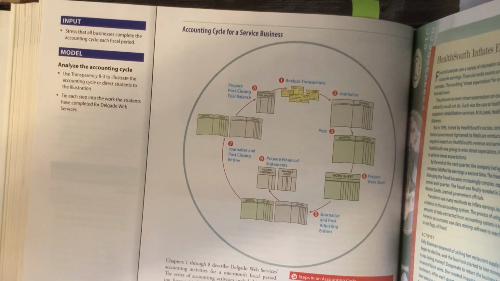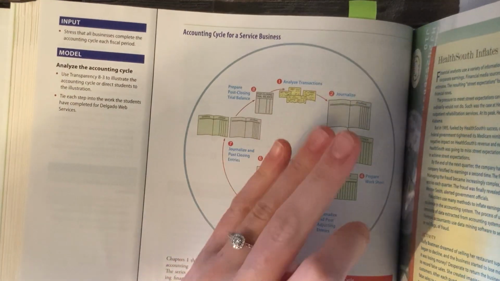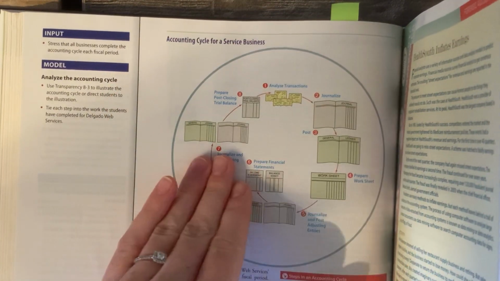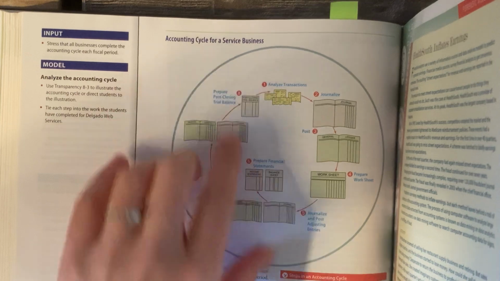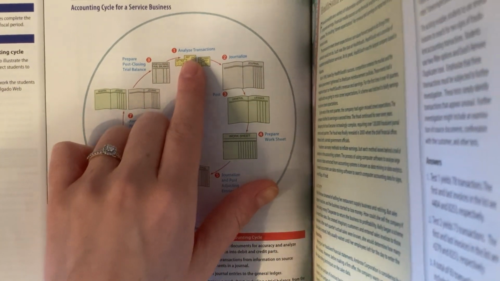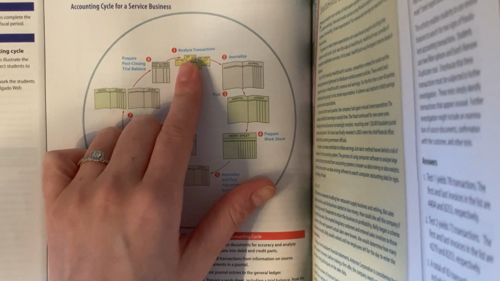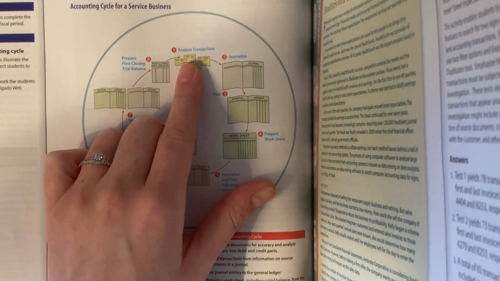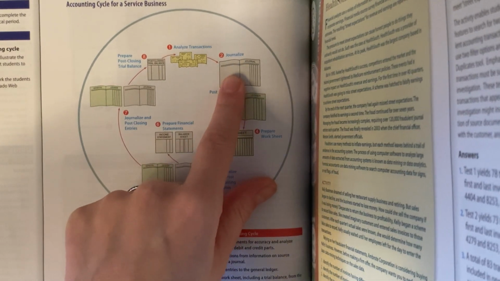And my favorite diagram in this entire book is the accounting cycle. Once you finish 8.2, you have completed the accounting cycle for a service business. First thing we did was analyze transactions. That was back in the first things that we did, like bought supplies on account. Then we journalized those transactions.